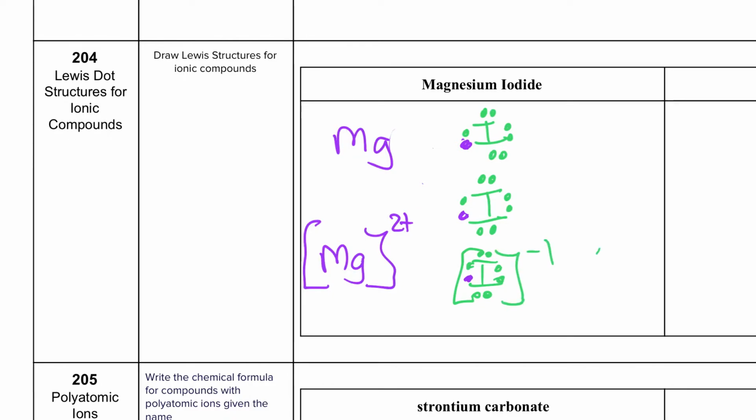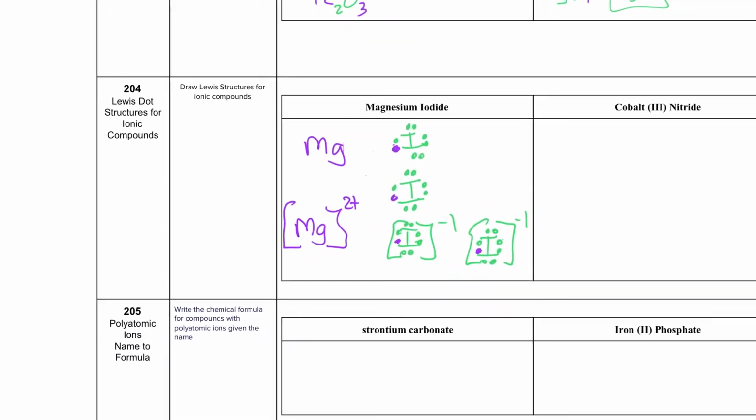And then we do it again: I, 1, 2, 3, 4, 5, 6, 7, 8, -1. Okay, because ionic compounds transfer electrons. They don't share them, which is why their Lewis structures look different than the covalent bonds.